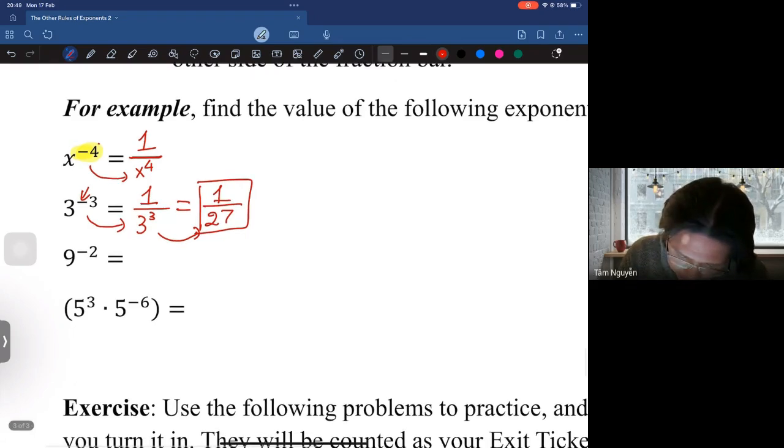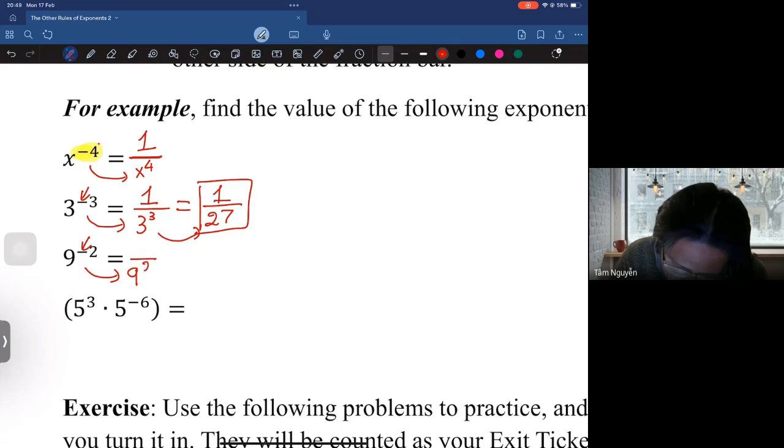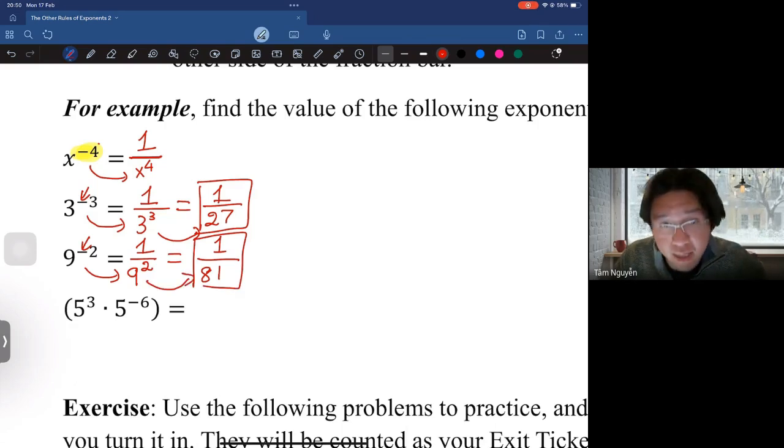Similarly, for this one, I have a negative sign and I want to simplify it. I put it at the bottom of the fraction, put the one on top, and simplify it. 9 squared gives me 81.